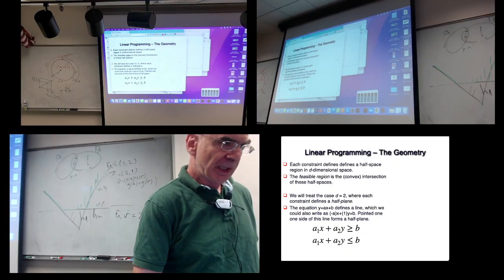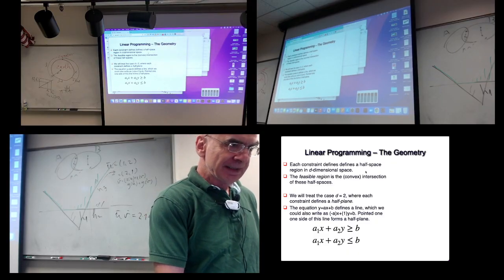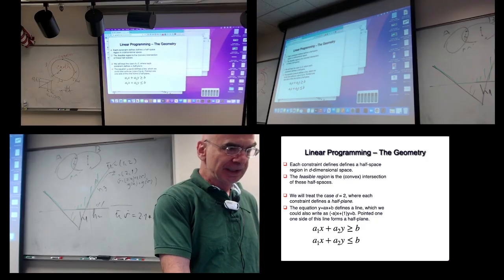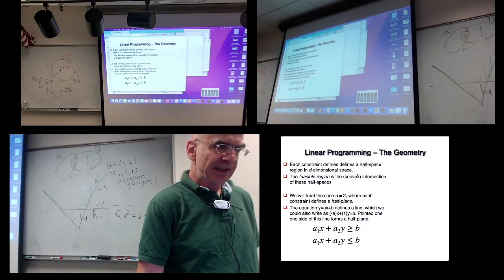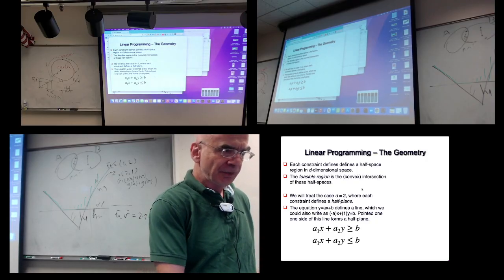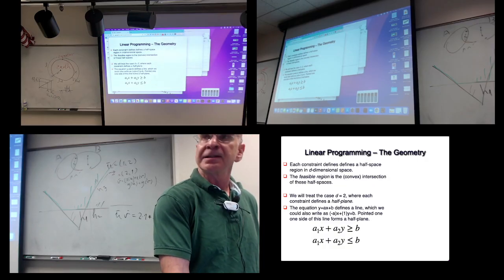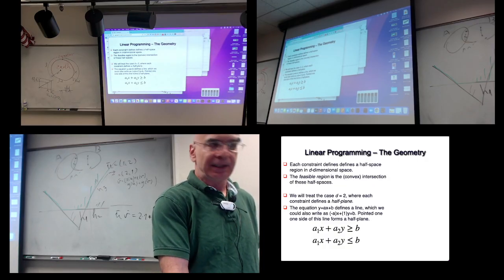So each constraint defines a half space, some region in D-dimensional space, and the feasible region is the convex intersection of these half spaces, the points that I can get.